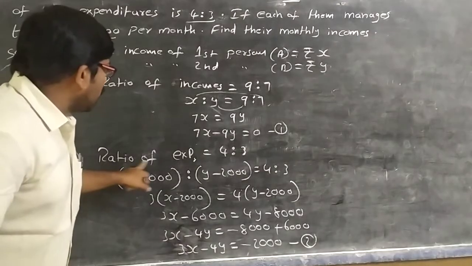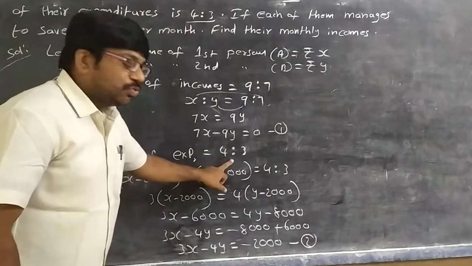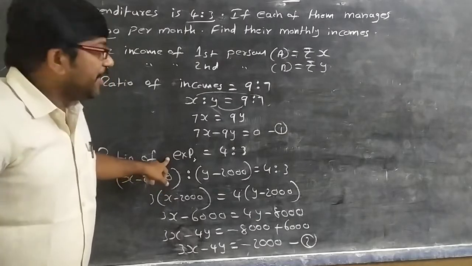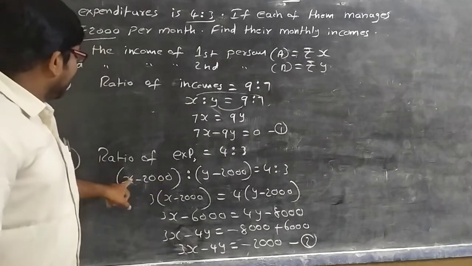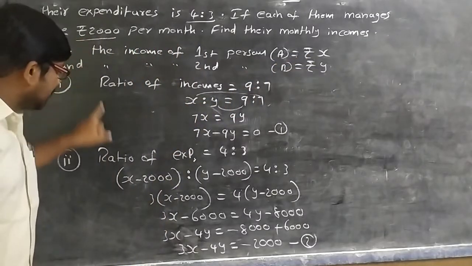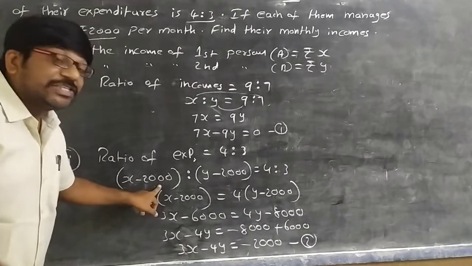Ratio of expenditures. Expenditure ratio is 4:3. So when we get expenditure ratio means income minus saving. Here income is first person income x, saving 2000 rupees. x minus 2000. Income minus saving, we get expenditure.